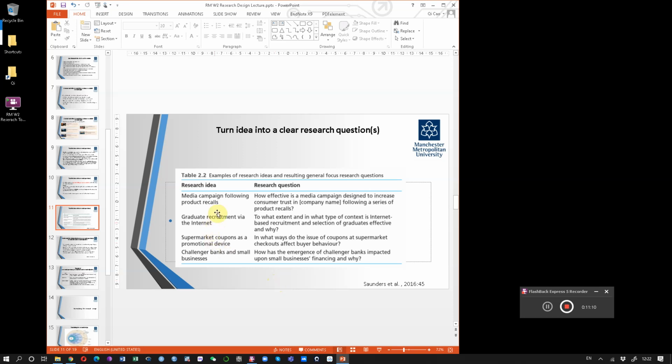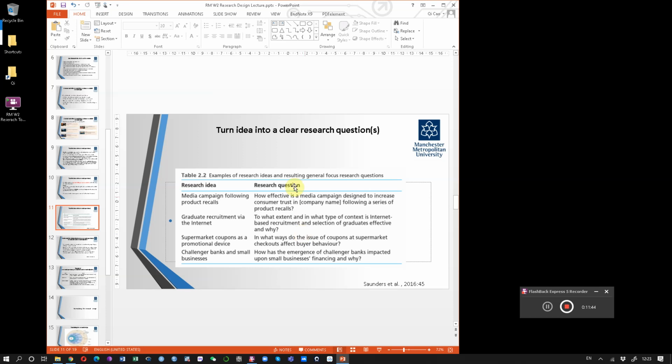For example, let's look at this one here: graduate recruitment via the internet. That is just a phenomenon. It could go up and down, and it could be adopted differently in different institutions. To make it a robust research question, one way is to ask: to what extent and in what type of context is internet-based recruitment and selection of graduates effective, and why?